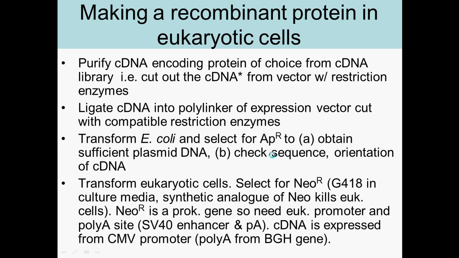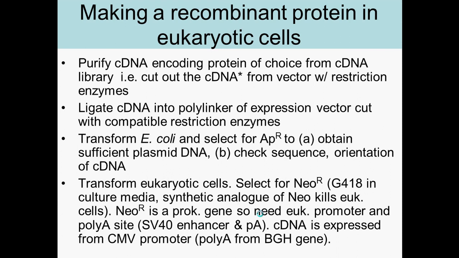you replicate the E. coli a whole bunch of times. So replicate the plasmid as well. The plasmid's containing your gene that's going to code for your protein that you're interested in, and then you take the plasmid from the E. coli cells, and then you use eukaryotic cells and put the plasmid in there, and then you also have a neomycin site on the vector.